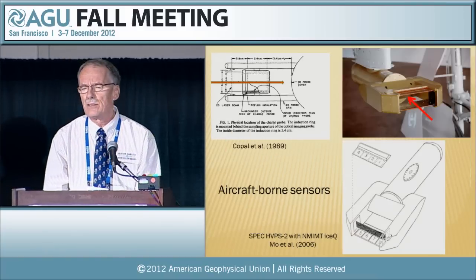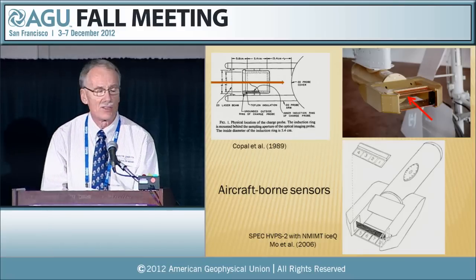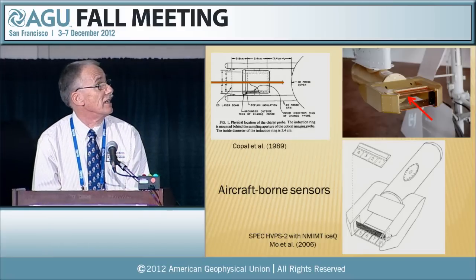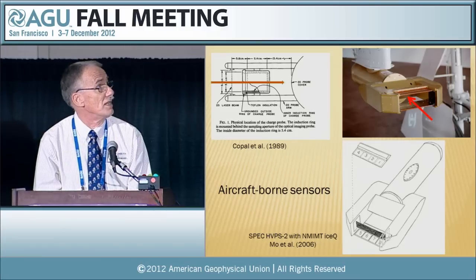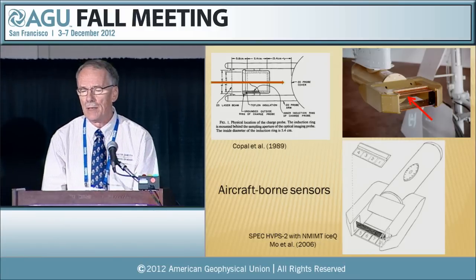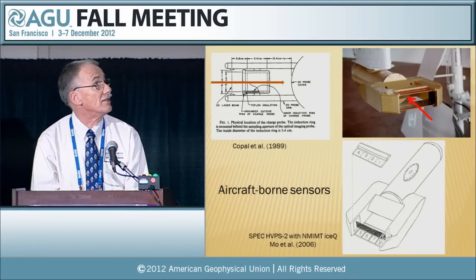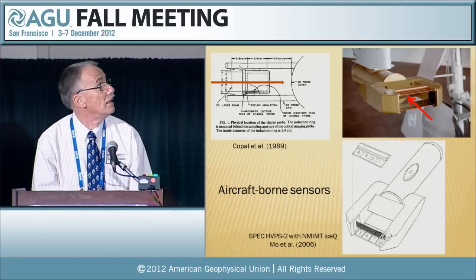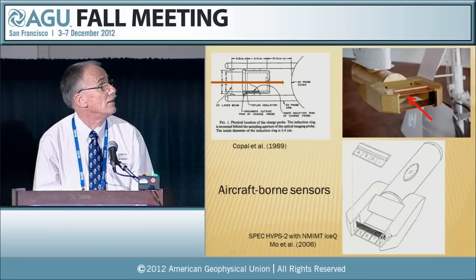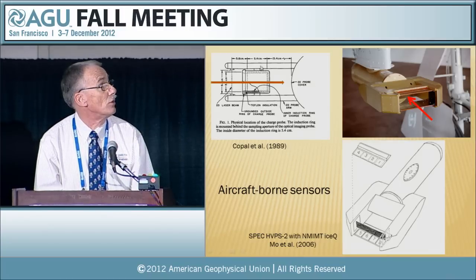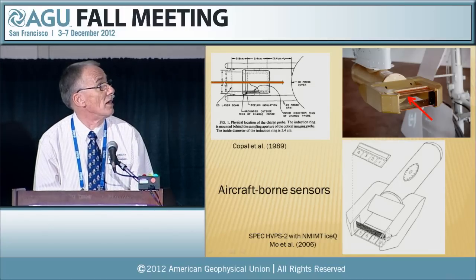On airplanes, there have been attempts to make this kind of measurement, and the upper left is basically a diagram of a PMS 2DC probe. You can see the arms sticking out here. They put an induction ring device between the probe arms, and so the particles go through.